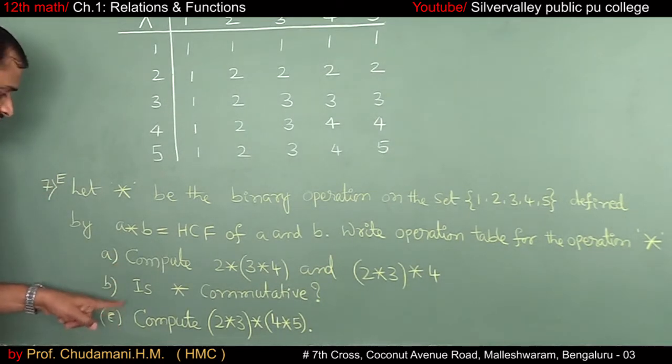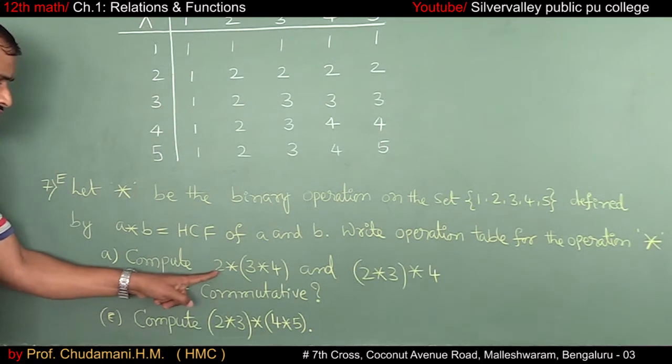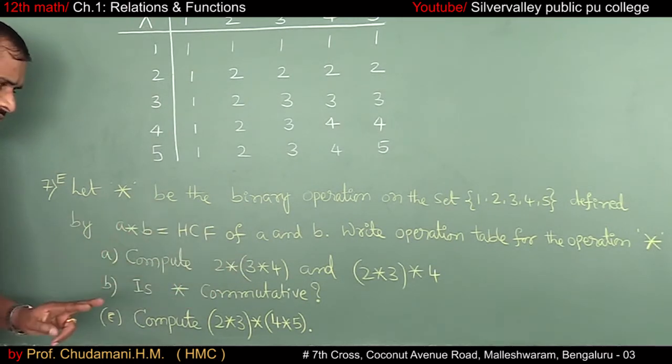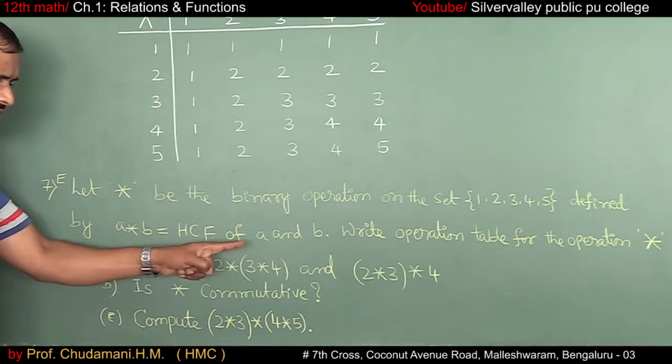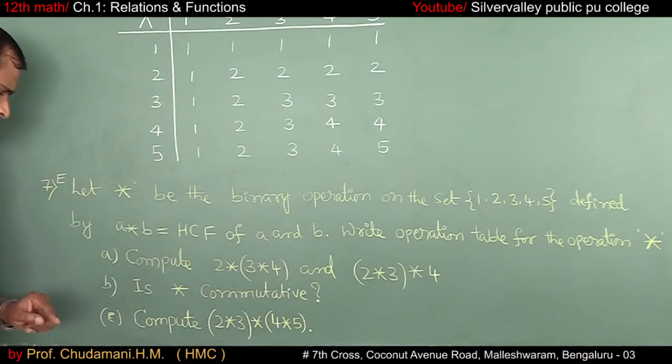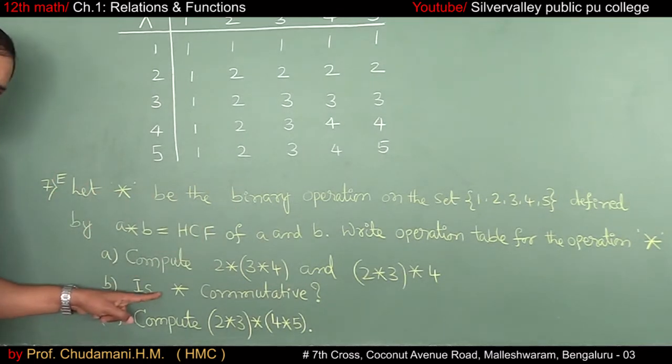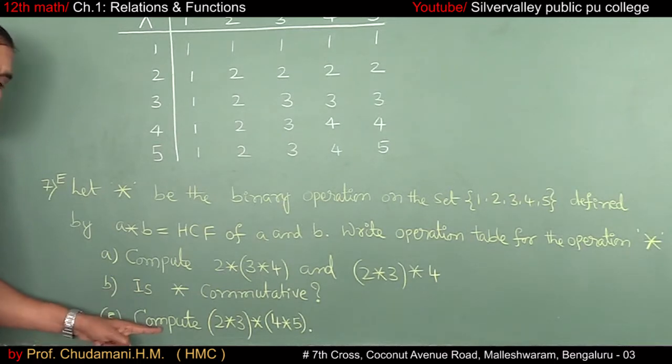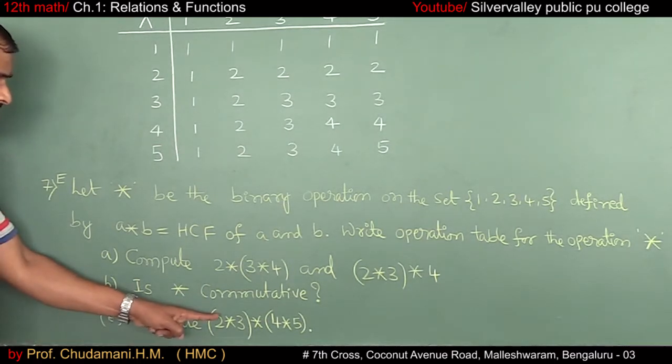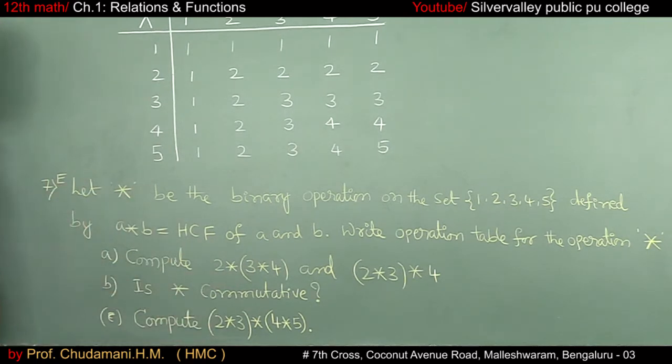Under that we have 3 cases. Number A, compute 2 star 3 star 4 and 2 star 3 star 4. Number B, is star commutative? Number C, compute 2 star 3 star 4 star 5.